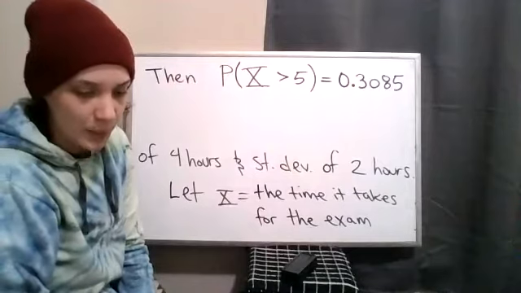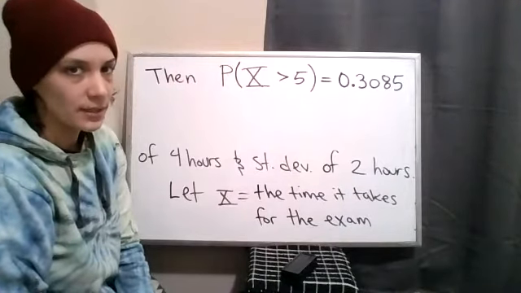And we're going to find the probability that x is less than 5.